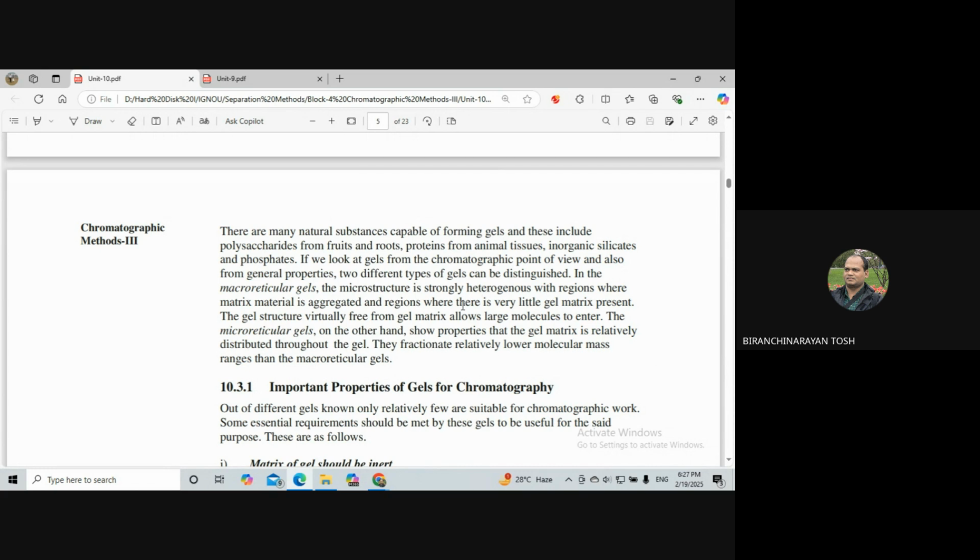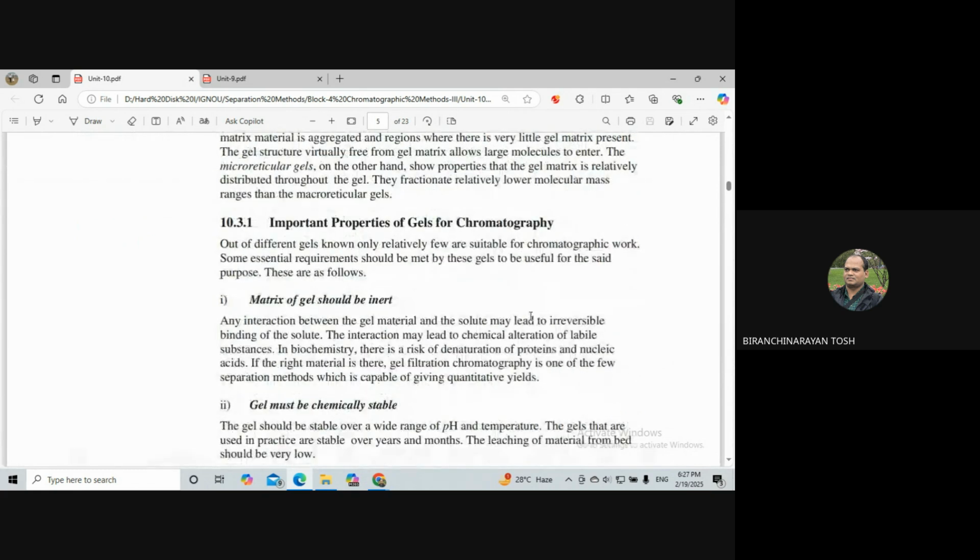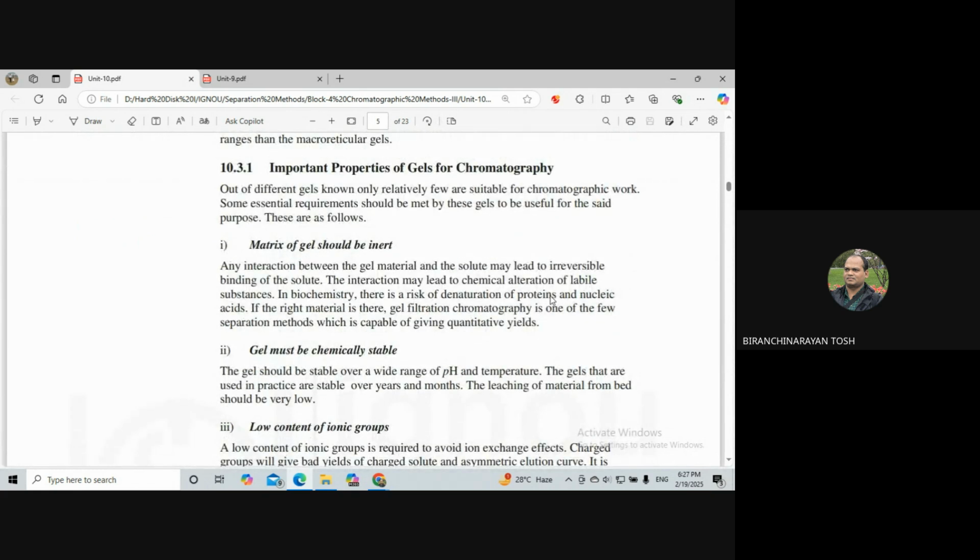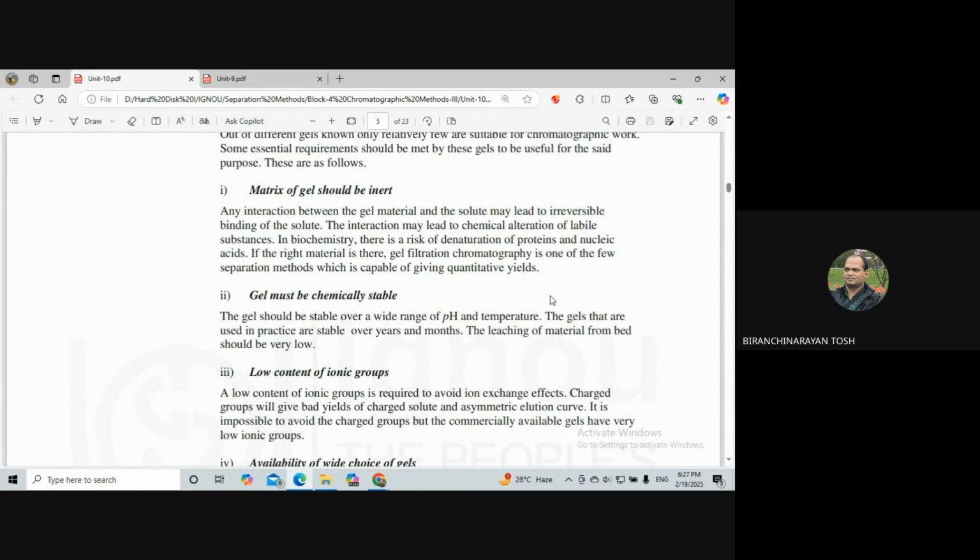So, what are the important properties of gels for chromatography? First one, the matrix of the gel should be inert. Any interaction between the gel material and the solute may lead to irreversible binding of the solute. The interaction may lead to chemical alteration of labile substances.